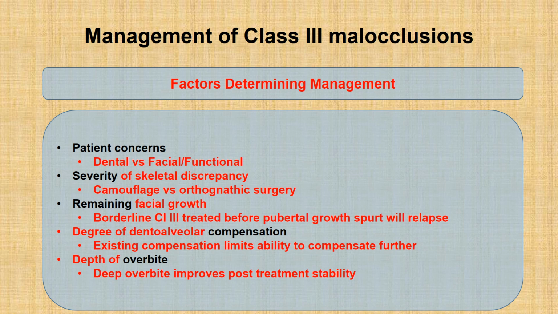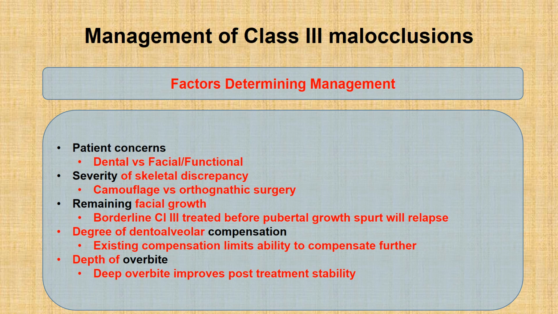The second factor influencing treatment is the severity of the skeletal discrepancy. Now, the severity will decide whether a particular case can be managed just with camouflage orthodontics, or it has to be treated with orthognathic surgery.